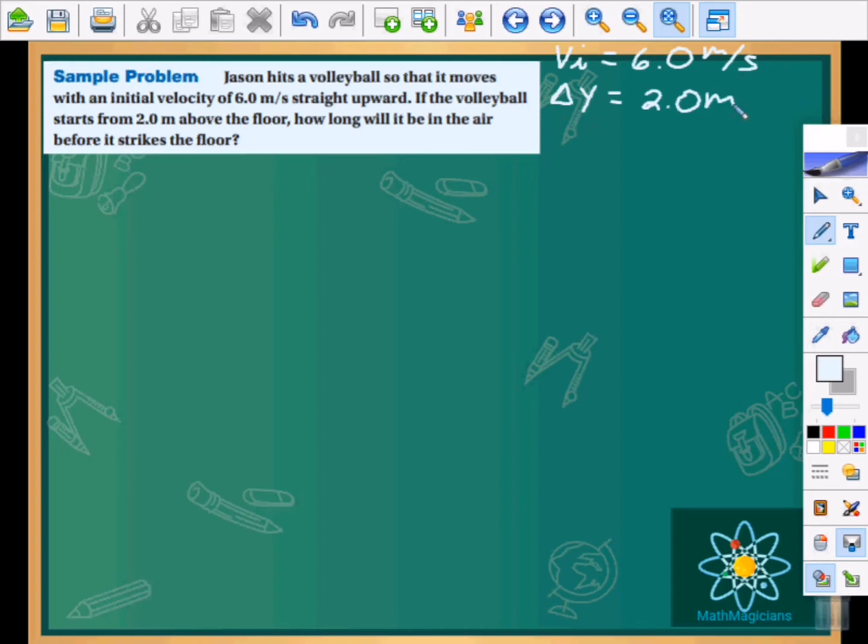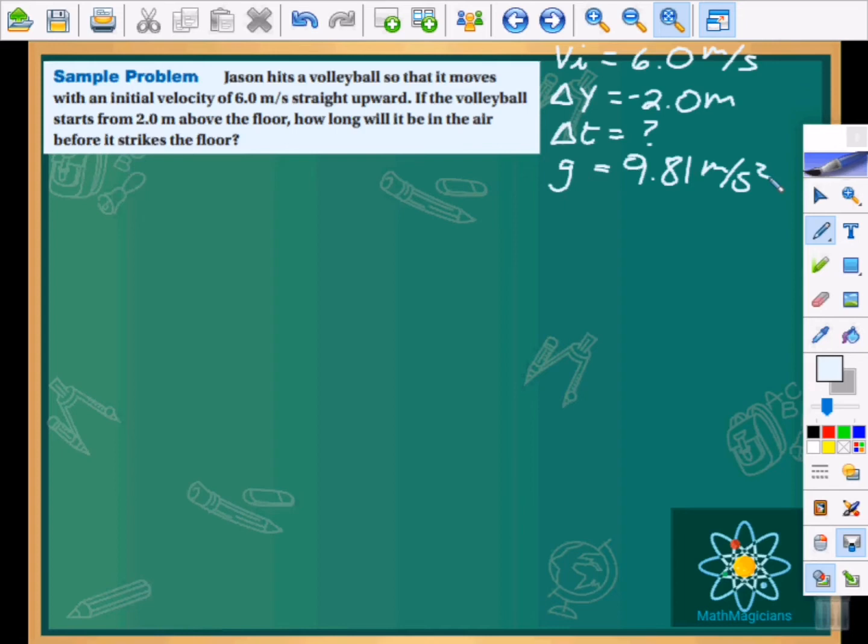How long will it be in the air before it strikes the floor? That will be your time. It's saying that it's coming back down. In other words, your displacement has to be negative, and your acceleration would be your gravity, that is 9.81 meters per second squared. Now we're looking for time.